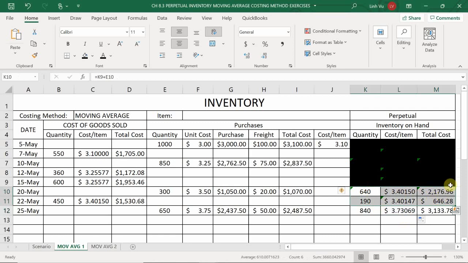So once again, I just take my total cost of $3,133.78 and divide it by my total quantity, which is 840. Okay, that's all I'm doing. That's all this little cell is doing right here. It's just taking the average cost per item.